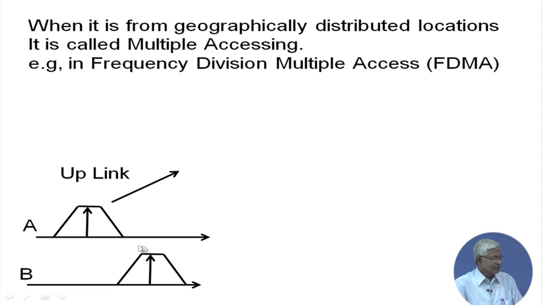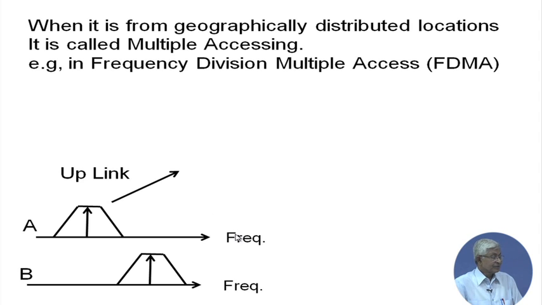This x axis is the spectrum, frequency. A part of the bandwidth is taken by station A, and another part of the bandwidth is taken by station B with certain amplitude, and each is individually uplinking.